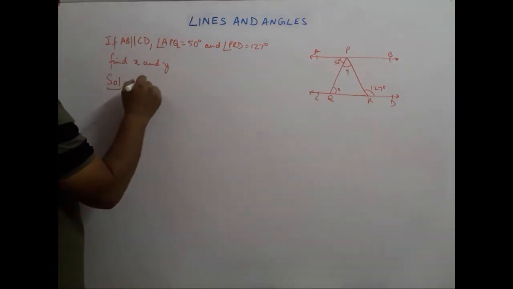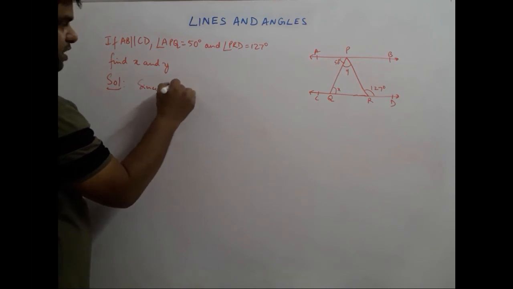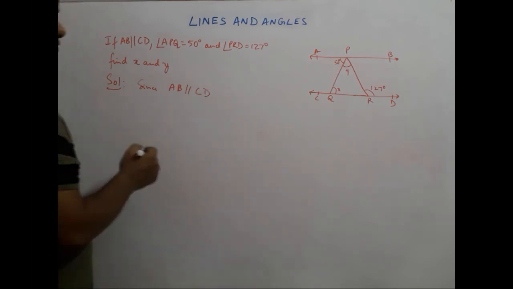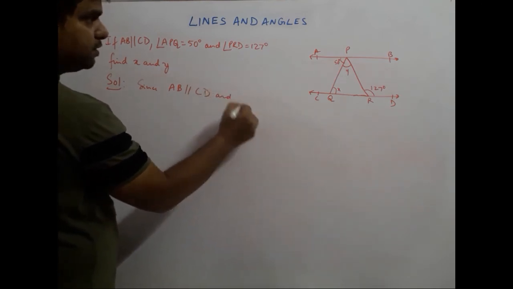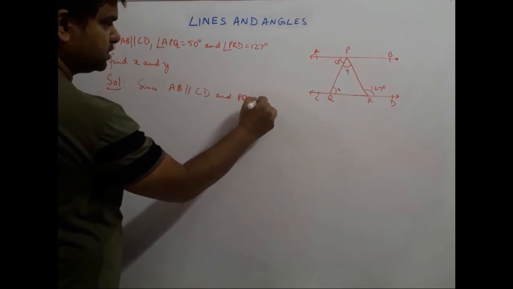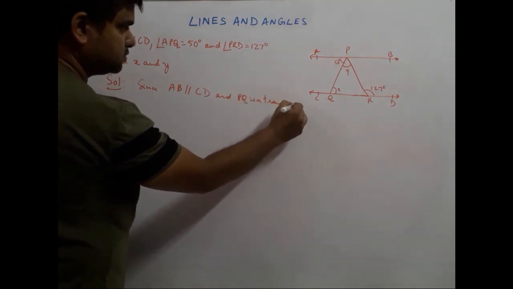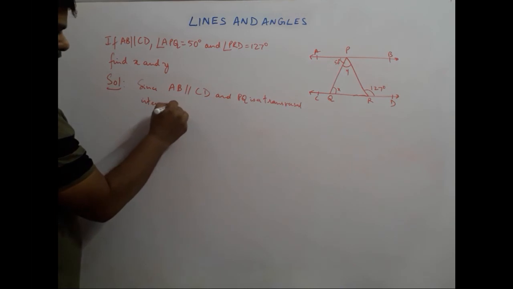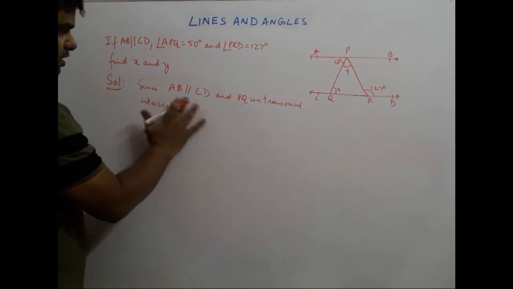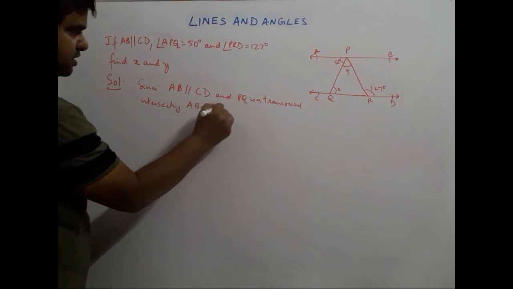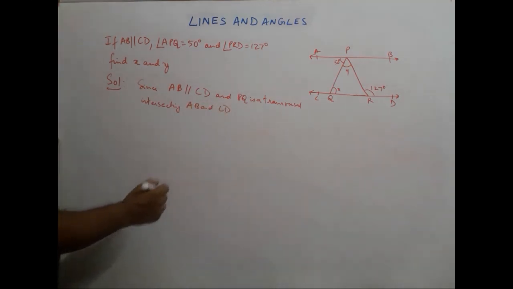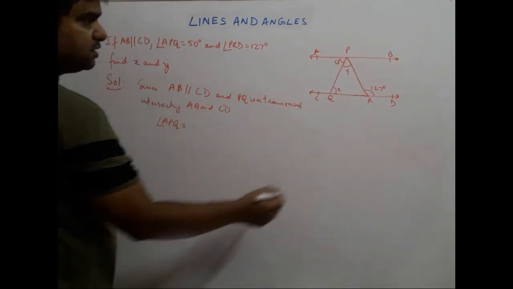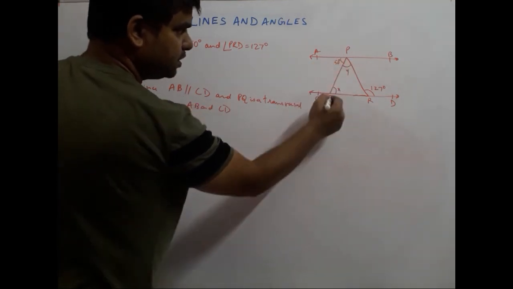So since AB is parallel to CD, and you can see PQ is a transversal intersecting AB and CD, we can say that angle APQ is equal to angle PQR.